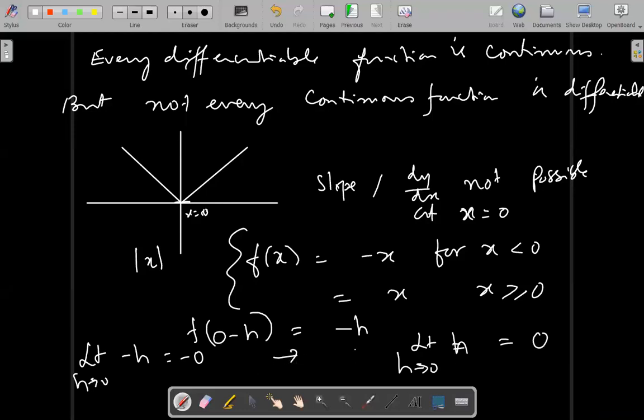It is supposed to be continuous everywhere. But at this point, that's what he talks about: for the modulus function, it is not differentiable at 0, but it is continuous. It's a continuous function, but you can't differentiate because you don't have equal left hand and right hand limits at 0 for the differentiation.